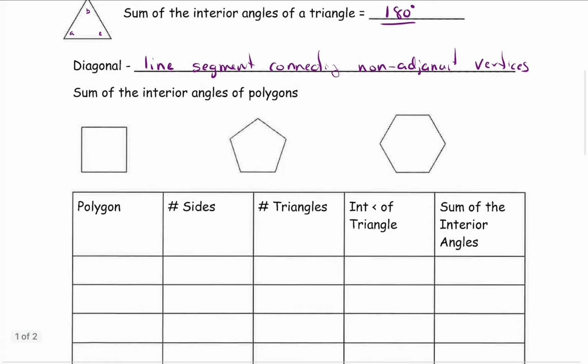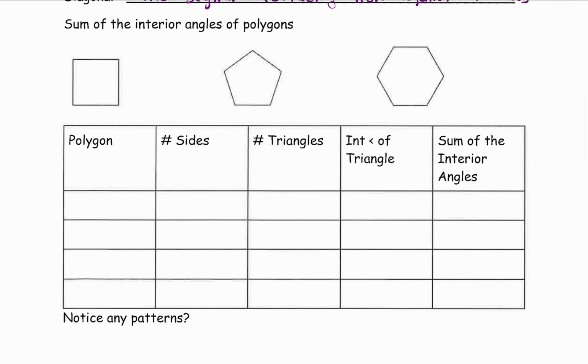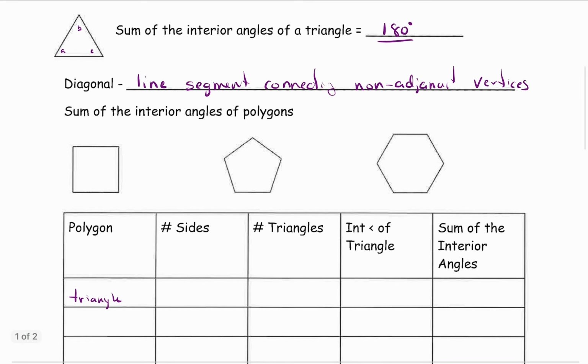Okay? So, what we're going to do here is look for the sum of the interior angles of these polygons. And we're going to take a triangle first. And if we look up here, we have a triangle. Look at that. How convenient.